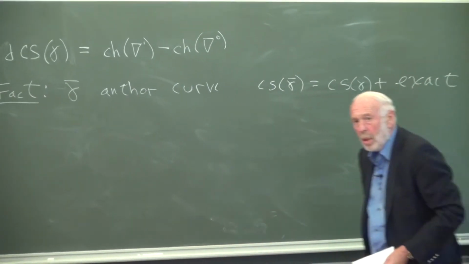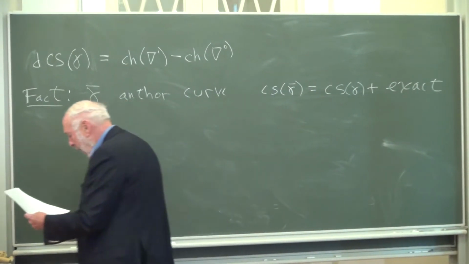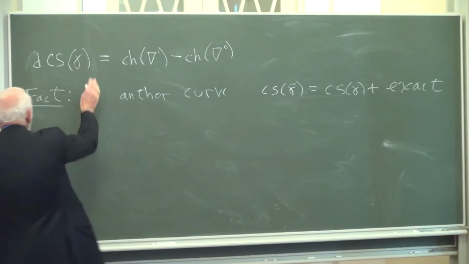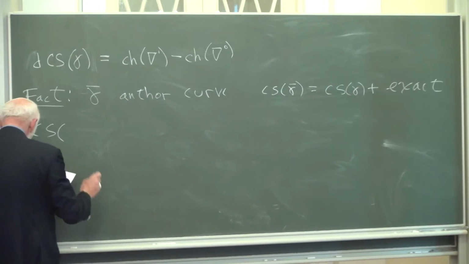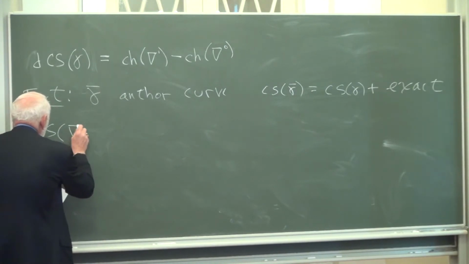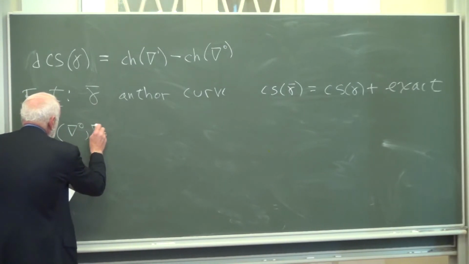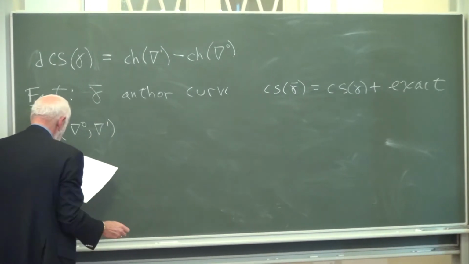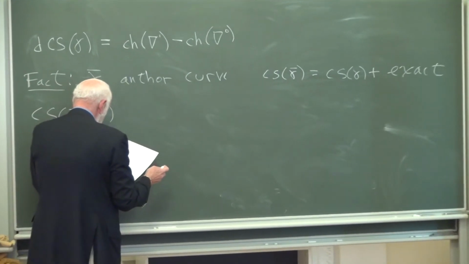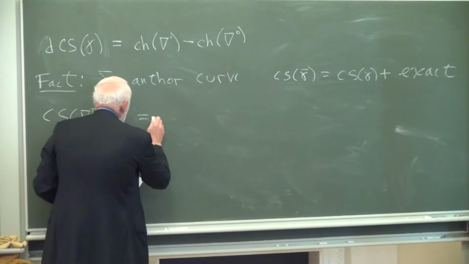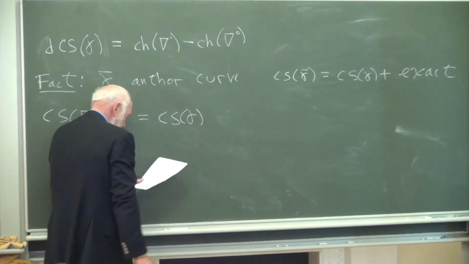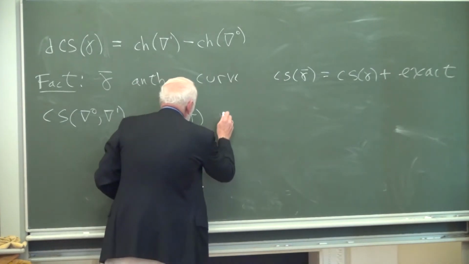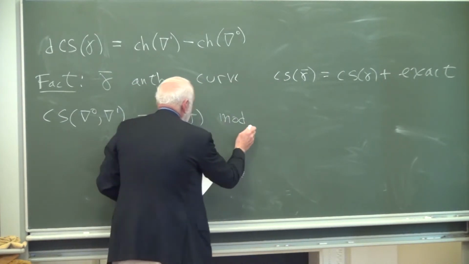So therefore, now I can leave out the curves, and I can define CS of the pair of connections equals, let's say, CS of gamma modulo exact.